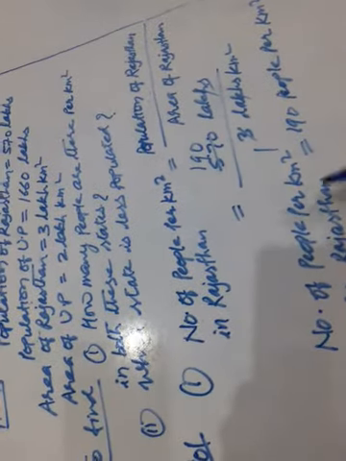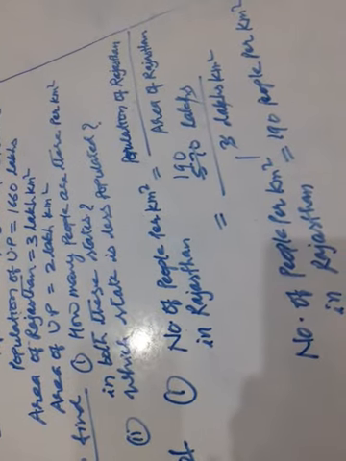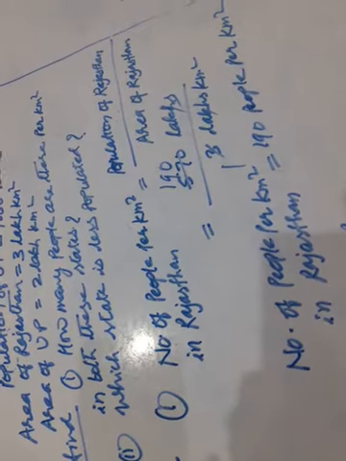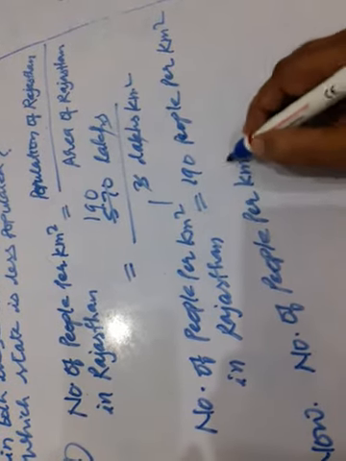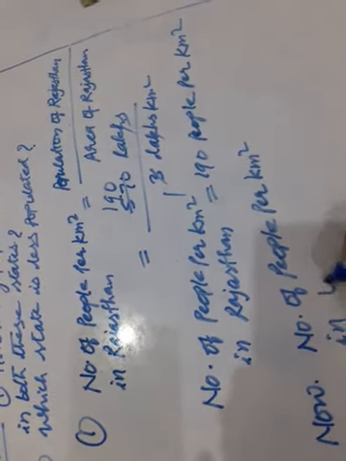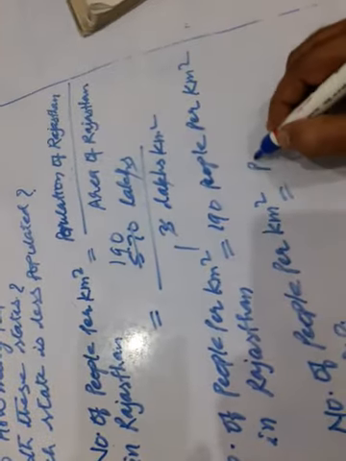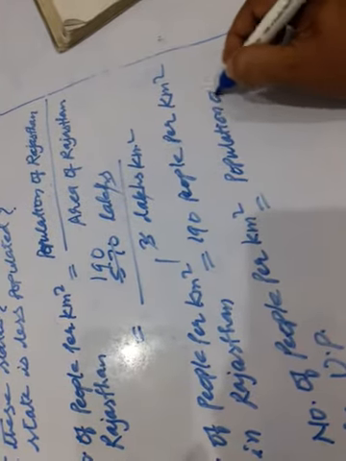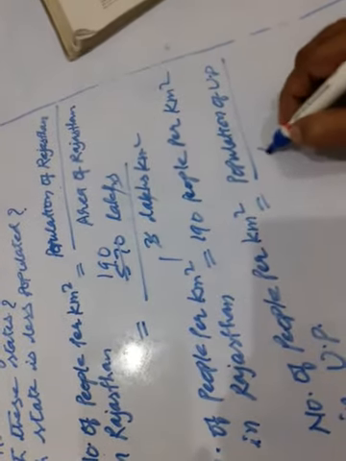Now for UP, the number of people per square kilometer in UP is equal to population of UP upon area of UP.